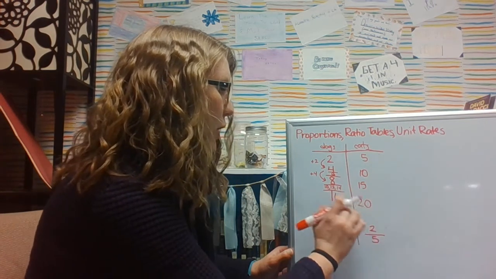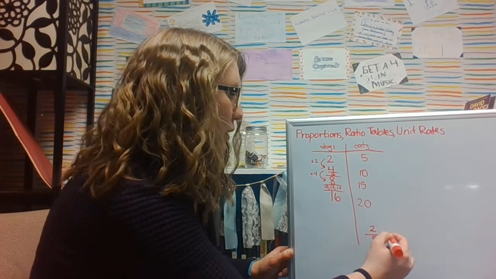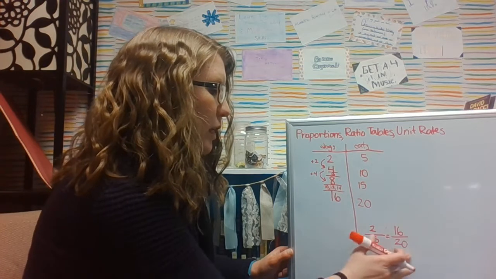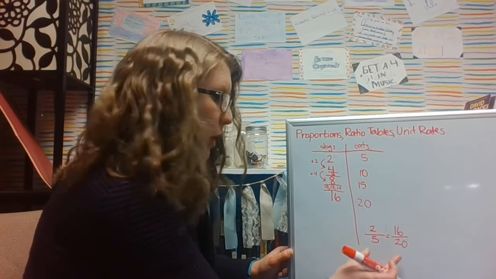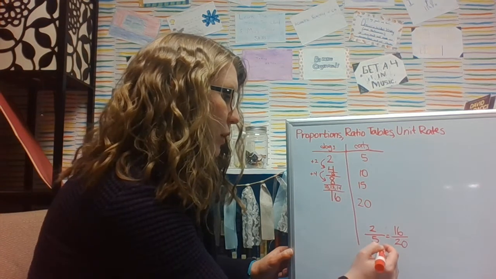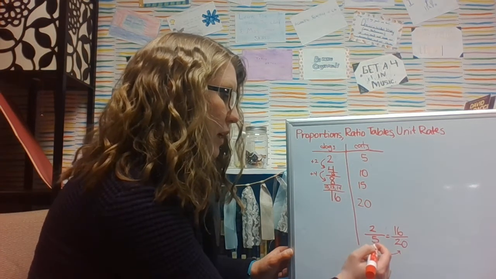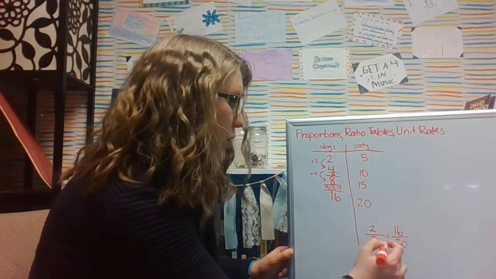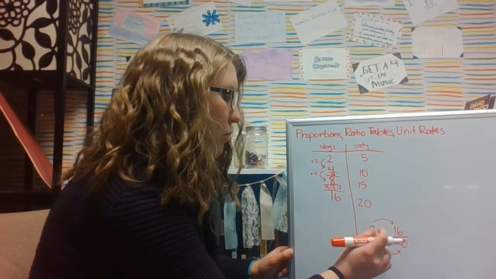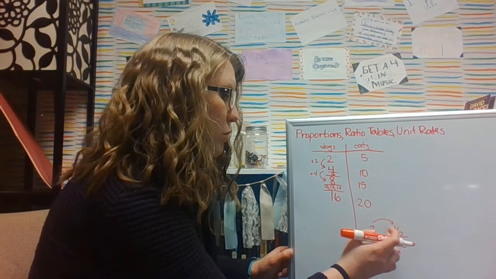If I really think that 16 to 20 is equal, I can look at this and think, okay, so if 2/5 to 16/20 is equal, what am I multiplying by to get from 5 to 20? I multiply by 4. What am I going to multiply by to get from 2 to 16?